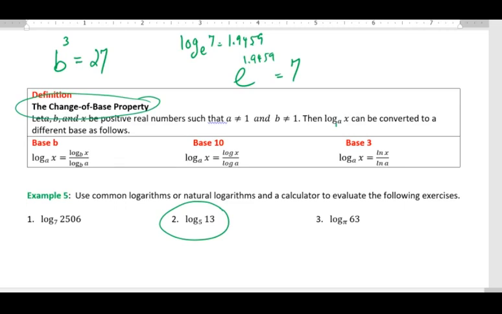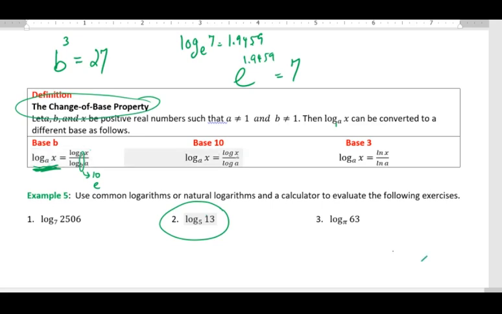And so basically what this is saying is, if you have a log that looks like this, we can rewrite this as log x divided by log a, and then we use a base that we'll be able to use in our calculator, which would be a 10 or e. But notice that the x goes in the numerator, the a goes in the denominator.